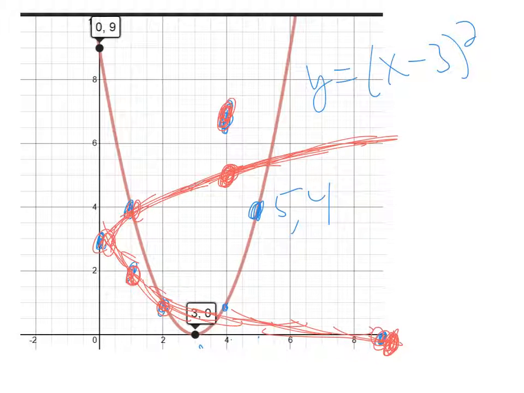Okay, so what we've got to do is restrict that original function so only one part of this exists. So let's pretend I'm going to restrict. I'm just going to do this top part, this top curve. So I'm going to erase all of this.